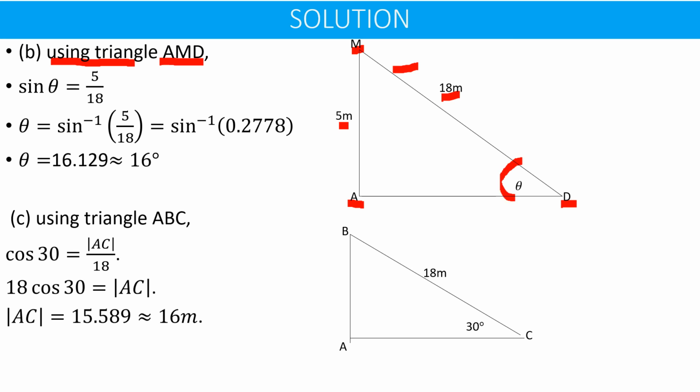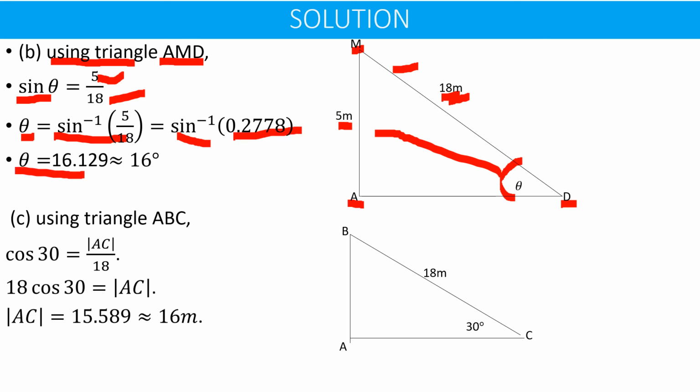So still we have opposite, because this is facing the angle, opposite, then the hypotenuse. So sine theta is 5, which is opposite, over 18 hypotenuse. So theta will be sine inverse of 5 over 18, which is sine inverse of 0.2778. So theta is 16.127, approximately 16 degrees. So the new angle the ladder makes after slipping is 16 degrees.